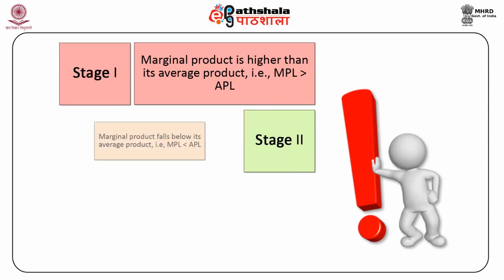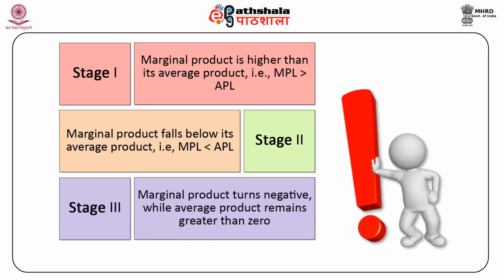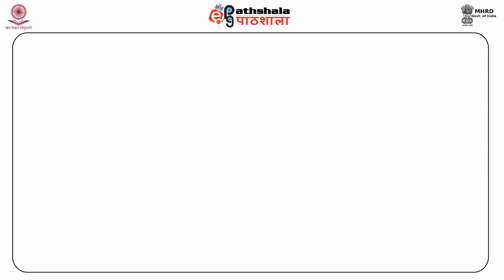Stage 2: the marginal product of the variable factor falls below its average product. That is, in stage 2, MPL is less than APL but both remain greater than 0. Stage 3: the marginal product of the variable factor turns negative while the average product remains greater than 0.